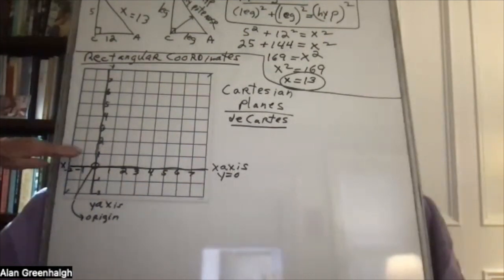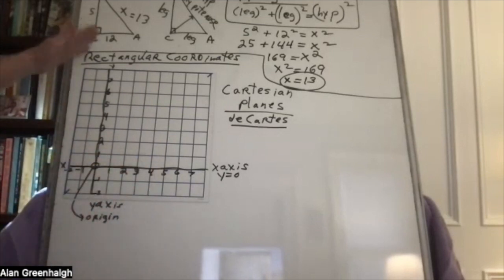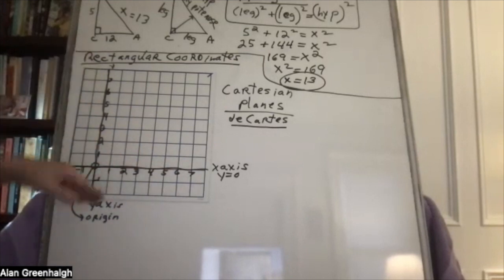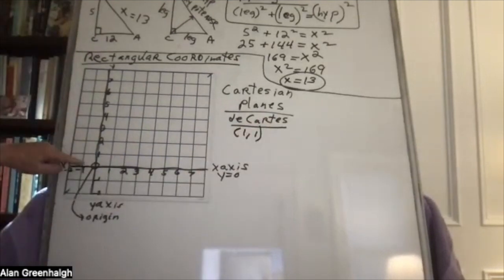We've actually been using just the X-axis when we graphed the inequalities. But there are two axes, the X-axis and the Y-axis, and you can identify points. For example, the point (1, 1). Where is the point (1, 1)?